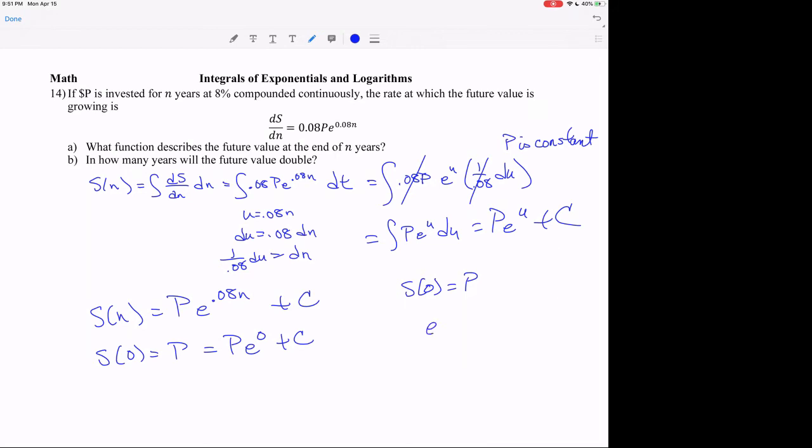Remember that e to the 0 equals 1. So that means that p equals p plus c, so c equals 0. So that tells us that S of n equals p e to the 0.08 n. And that is the answer to part A.